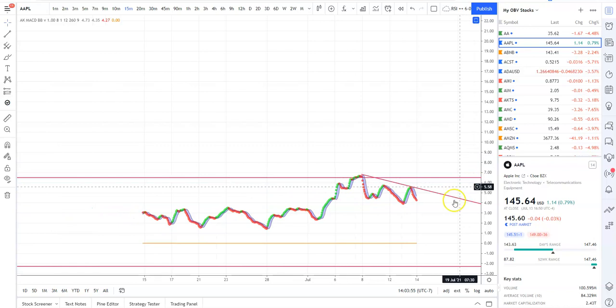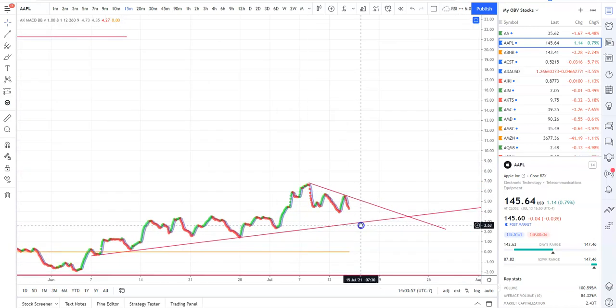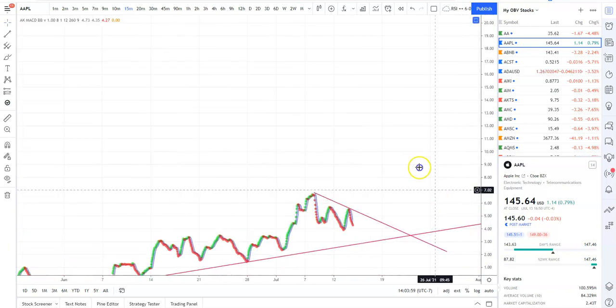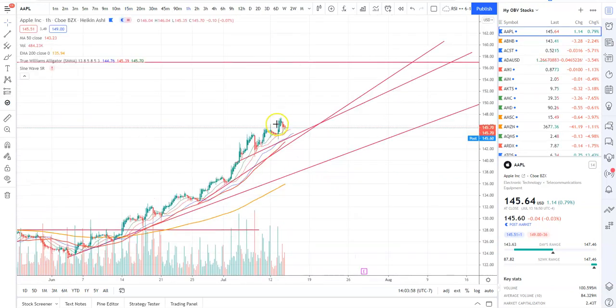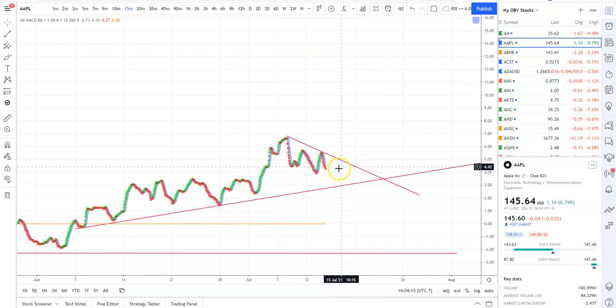And it's possible here that we continue this sideways chop, which might bring prices just sideways over the next week or so of trading. And then we meet up with these trend lines here, the 2 hourlies that we talked about, and then continue our march higher from there.